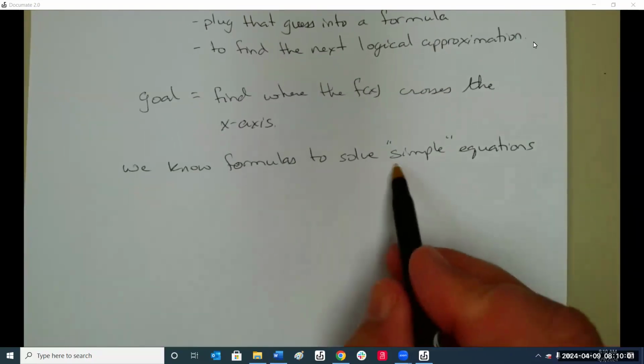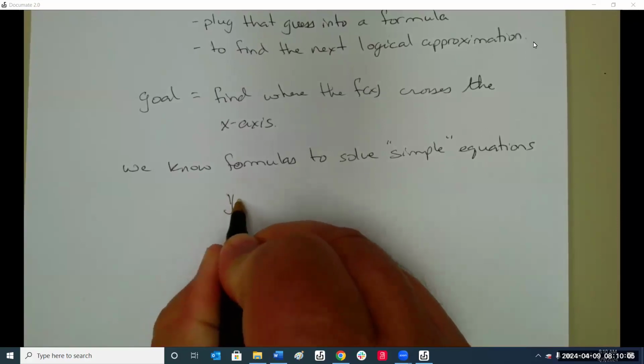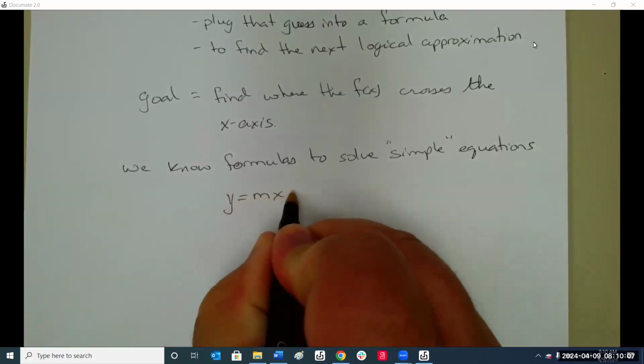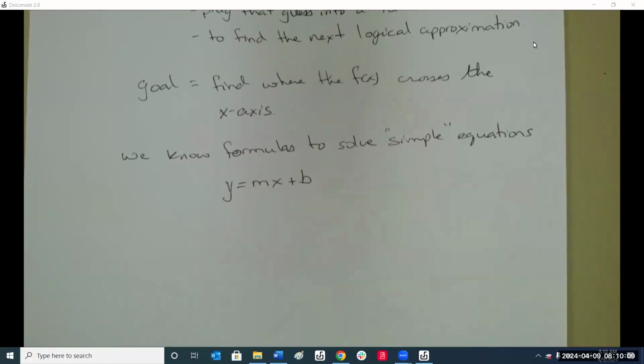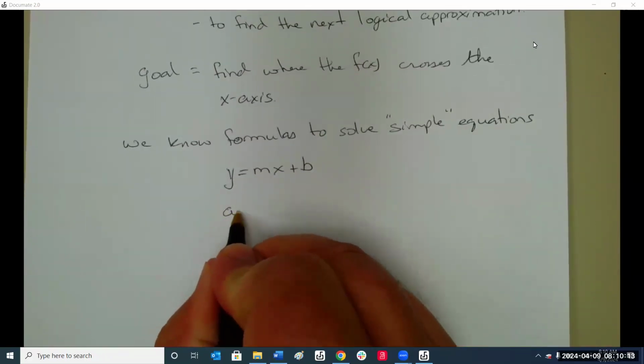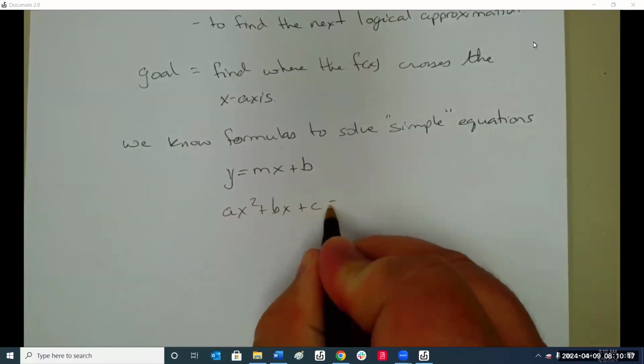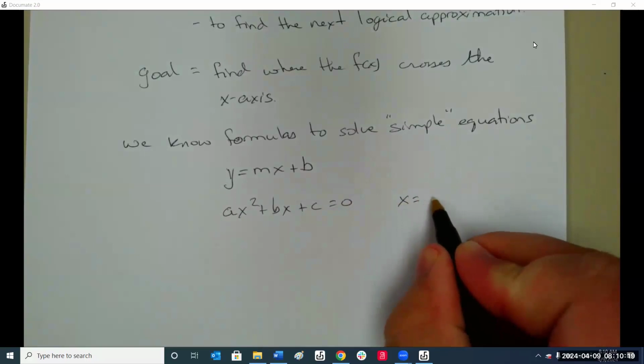Currently, we know formulas that solve simple equations like linear equations. Quadratic equations, we know the quadratic formula.